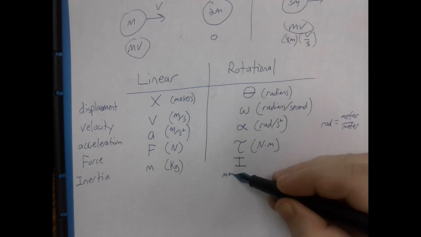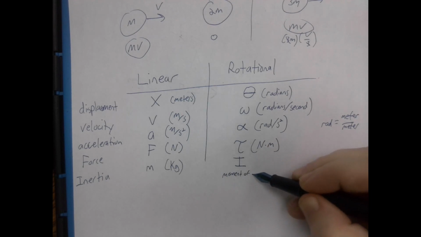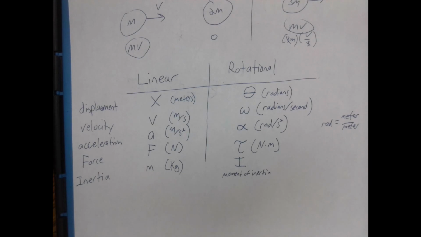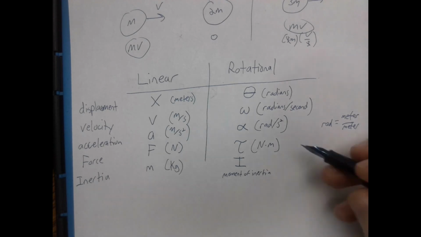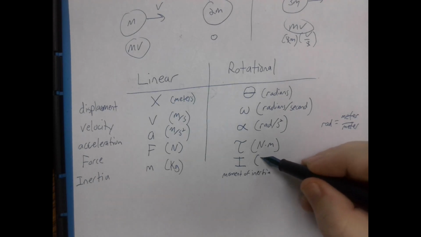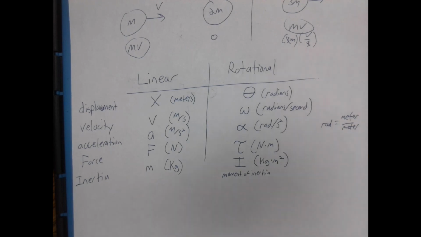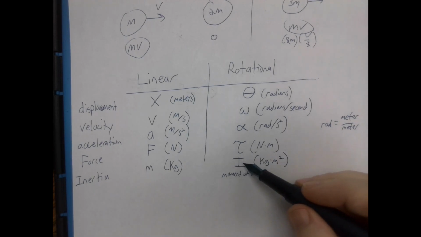It's also called moment of inertia. And its units are kilogram times meter squared, because rotational inertia depends on the distribution of mass.